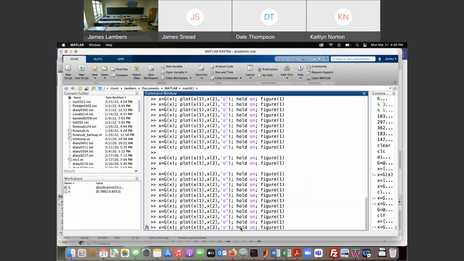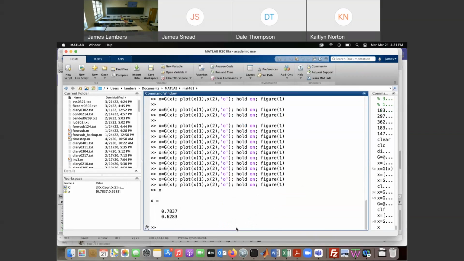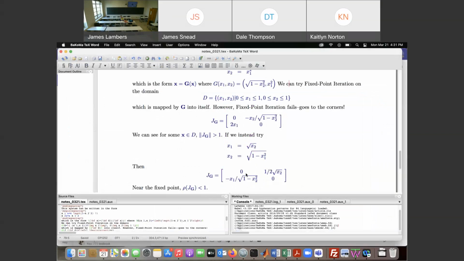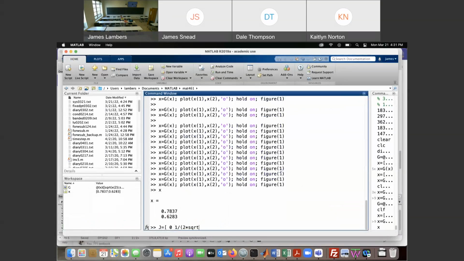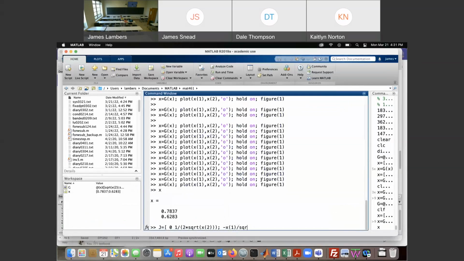Okay. So now that I appear to be converging, if I take a look at the x that we get, I want the Jacobian matrix here, so it's a 0, and then 1 over 2 square root of x2, and then minus x1 over square root of 1 minus x2 squared, and then 0.